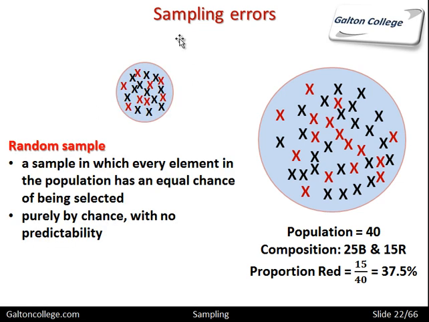So we select a sample up here, and we should select the sample randomly, as I said. This is a sample in which every element in the population has equal chance of being selected. It's selected purely by chance with no predictability. So now we've selected randomly.